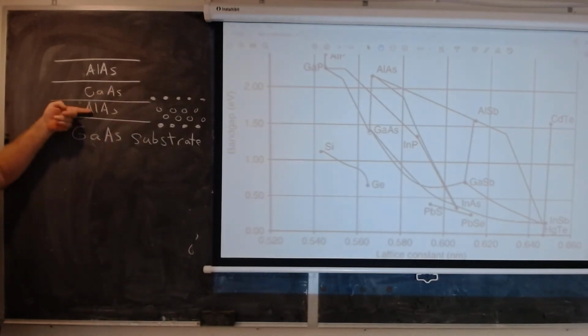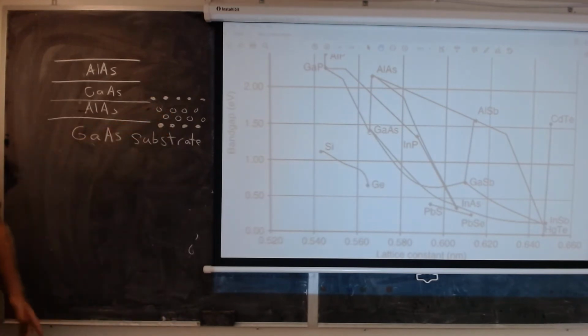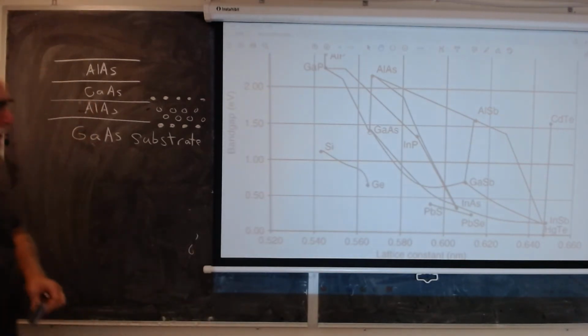It's just that when you do a layer of aluminum arsenide, the atoms are different, but it's on the same crystalline lattice. And so, that's very, very nice.